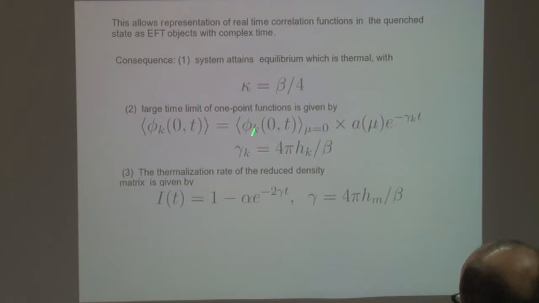These are scaling fields, and essentially these 1-point functions become like 1-point functions on a complex plane, and by conformal properties they are all 0. But the interesting thing here is to find out the exponent, and the exponent is given by 4 pi h k over beta, where k is a certain label of the primary field in the conformal field theory that appears, and it gives the thermalization rate of the reduced density matrix.